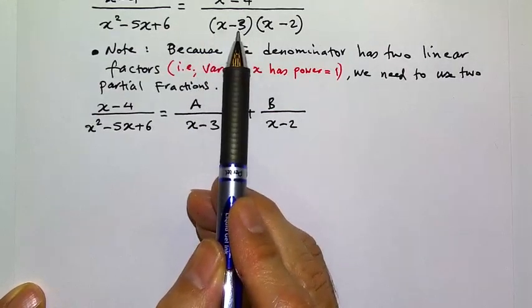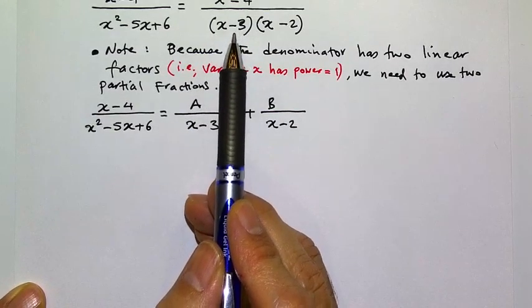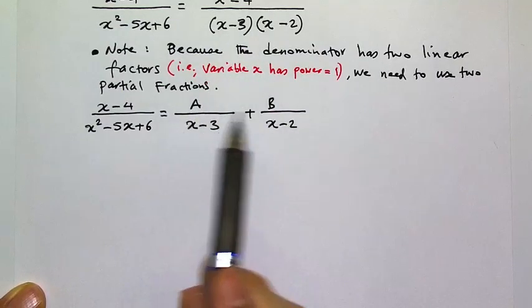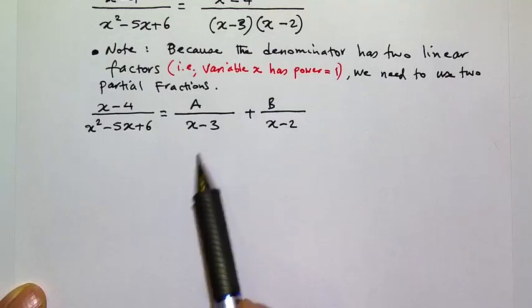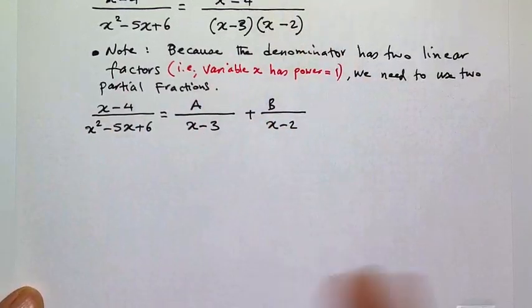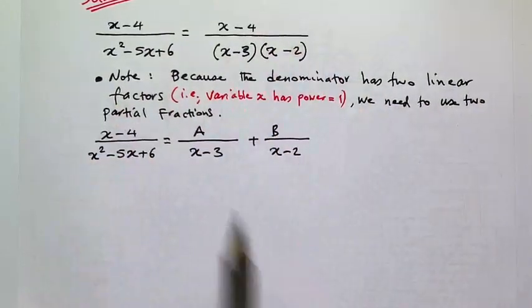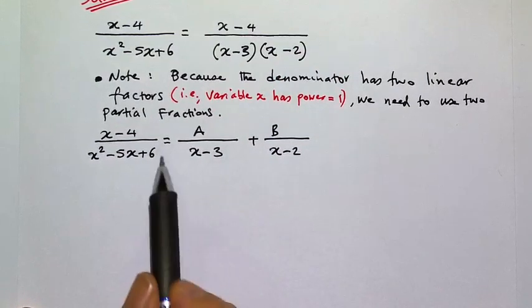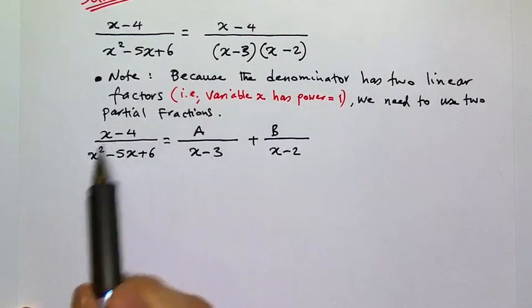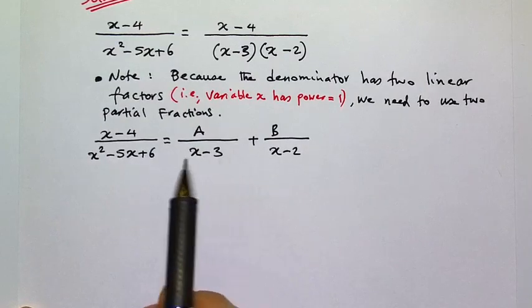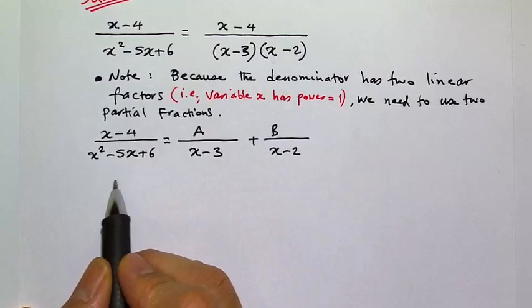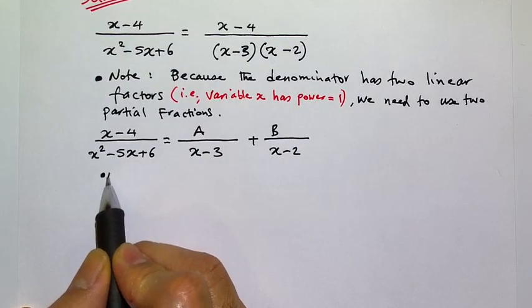Each non-repeating linear factor is the denominator of each fraction here, and we need to determine A and B in order to break this bigger fraction into smaller ones. Okay, so to remove fractions then, we have to multiply both sides of this equation by that factor, (x − 3) times (x − 2). So let me write that.